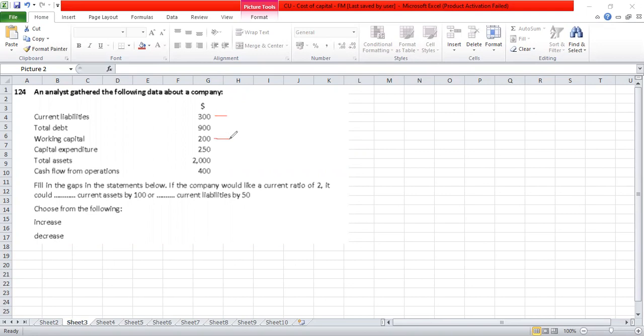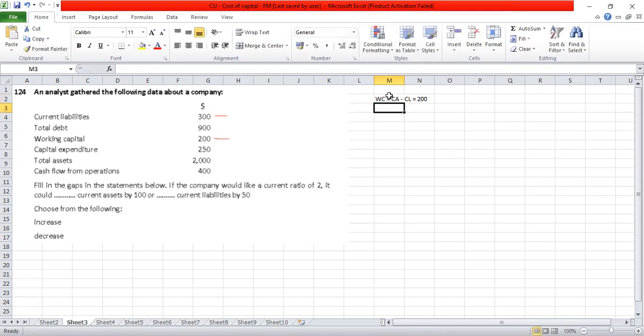What is working capital? Current assets minus current liabilities. So working capital is equal to current assets minus current liabilities, and working capital is already given as 200.